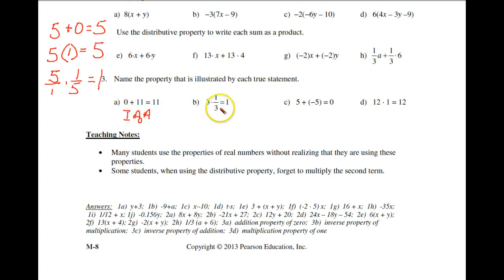What is this one? This is the inverse property. Multiplying a number by its inverse gives you a 1. So its inverse is the reciprocal.